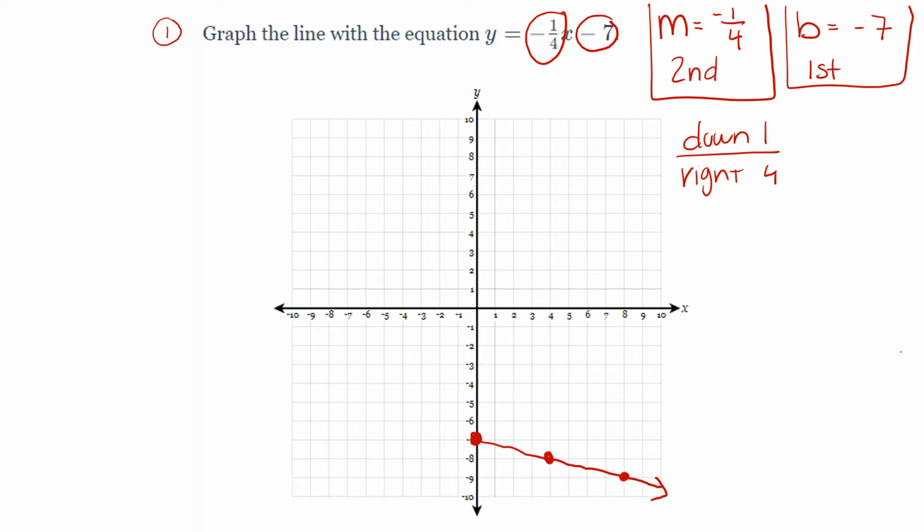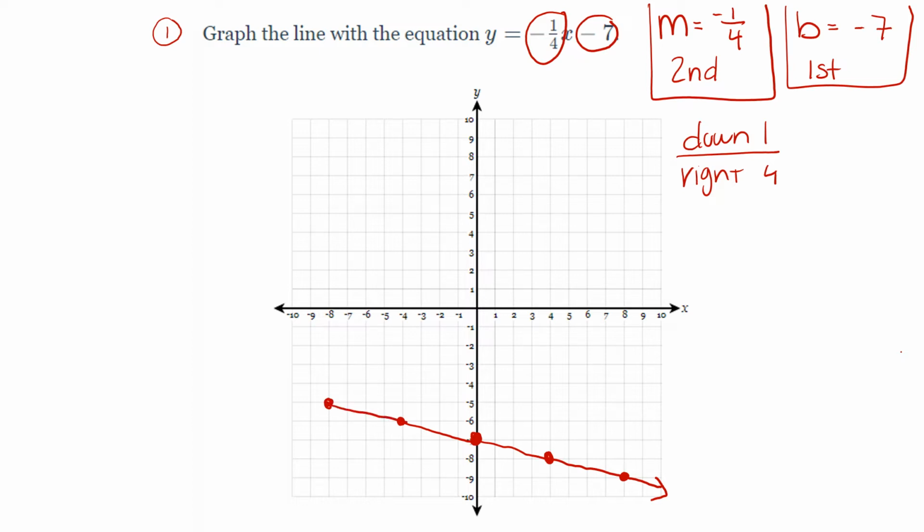However, we want the line to go the opposite direction too. So putting our pencil back at negative 7, go up 1 and over 4. 1, 2, 3, 4, in order to continue the line across the graph, all the way to the edge. So continue going up 1 and over 4. 1, 2, 3, 4.